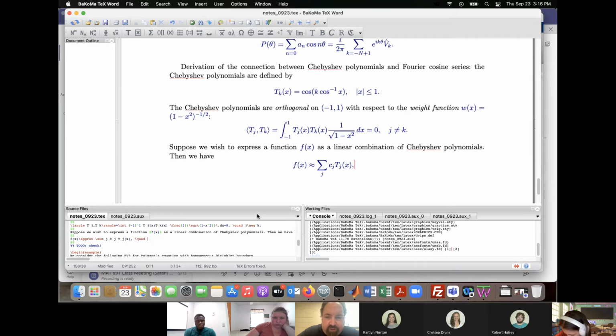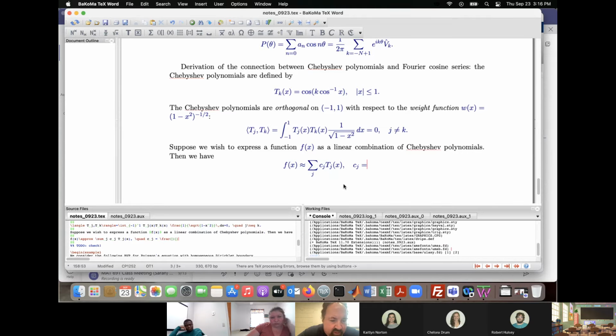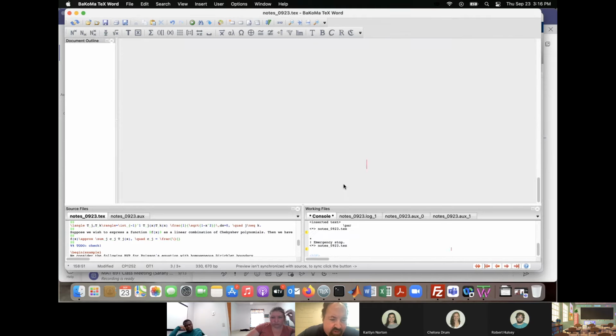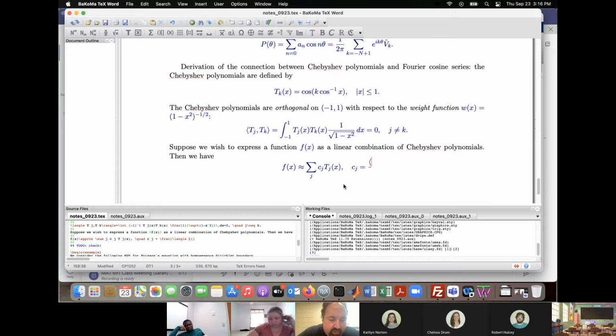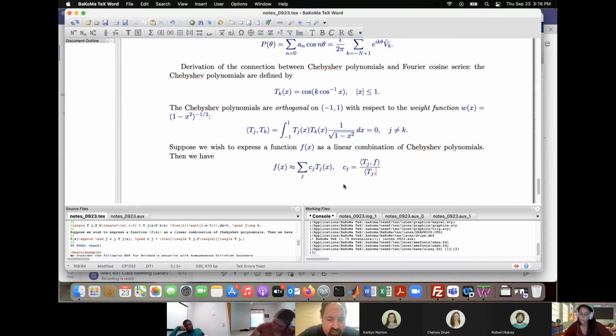This is true of general expansions of orthogonal functions. That's how you get the coefficients: if these are orthogonal in some sense, then you take the inner product of each one of these with f as a numerator, divided by the inner product of that function with itself in the denominator. Those are the coefficients.